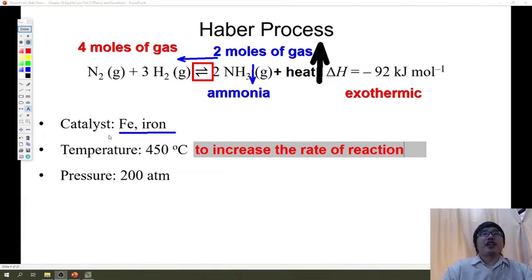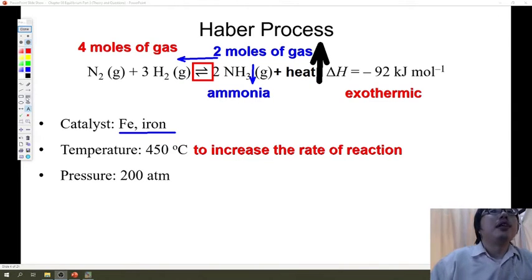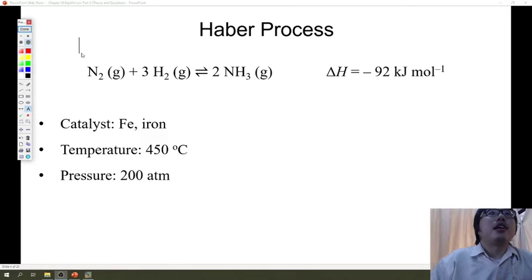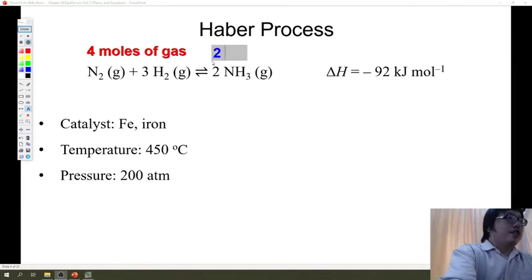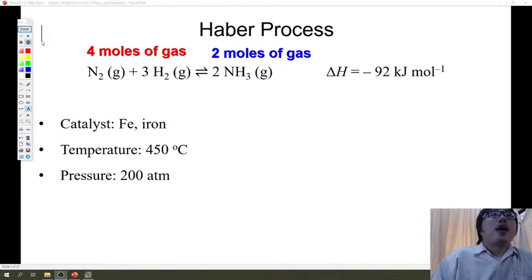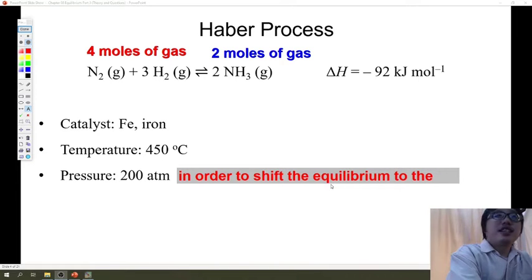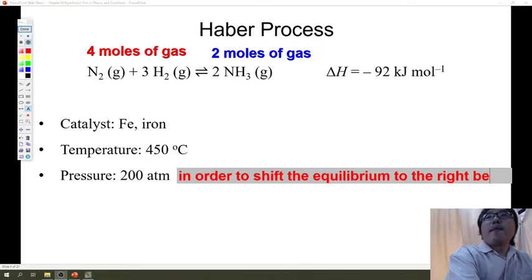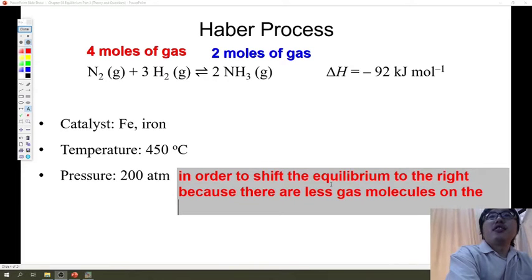Next, high pressure. Because this is 4 moles of gas and this is 2 moles of gas, when the pressure is high, the equilibrium shifts to the right, because there are fewer gas molecules on the right.